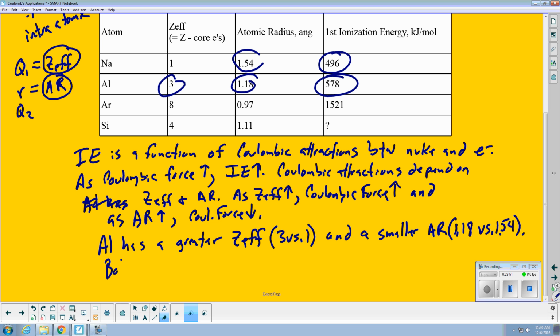Both increase the Coulombic force and thus increase the ionization energy. There you go. I would say that is a reasonable answer to the question.